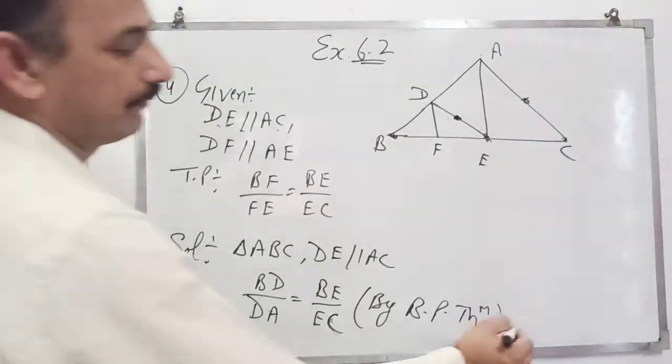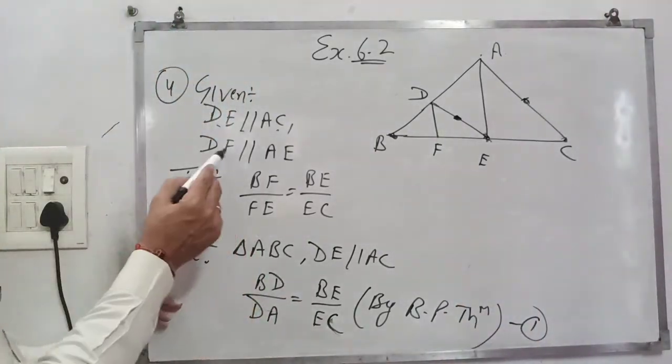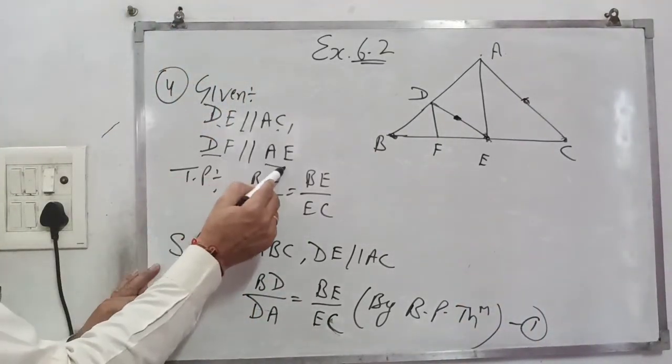Make it 1. Now the other is given: DF is parallel to AE.